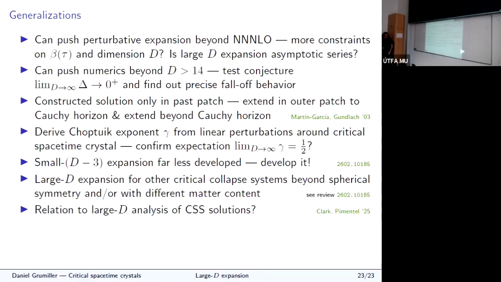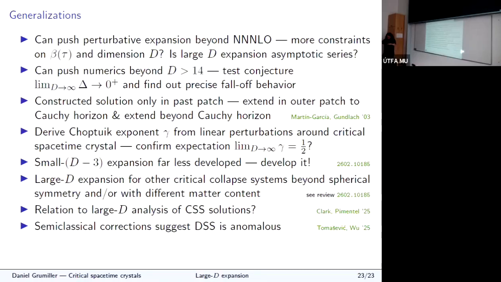There was also recent work by Clark and Pimentel, where they did a large D analysis of a very similar system, so Einstein gravity in a large number of dimensions, spherically symmetric, but with perfect fluid matter, and they focused on continuously self-similar solutions. It would be interesting to see if there's a relation to that.